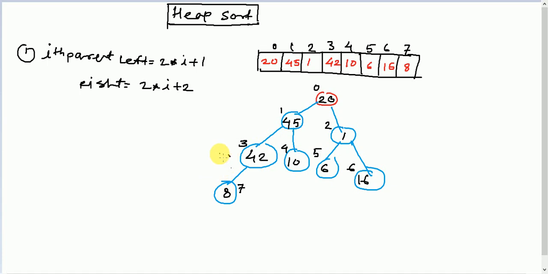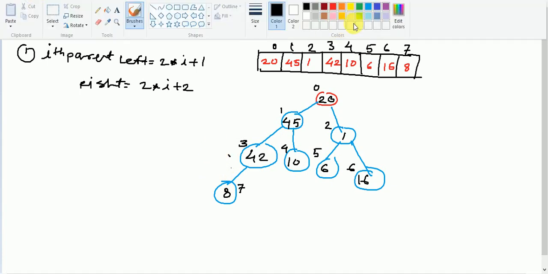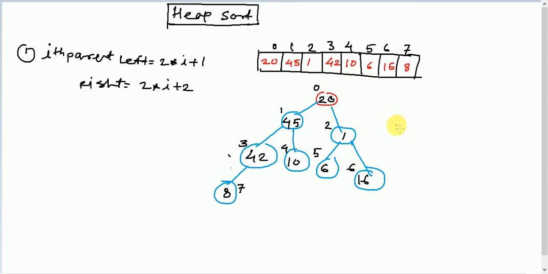Right. Now here we want to find out, for the ith child, what will be the parent value. So you can look at here. If my I is equal to 5, the parent index is 2. If my I is equal to 6, my parent index is 2. So what formula can we use here to get the parent address?